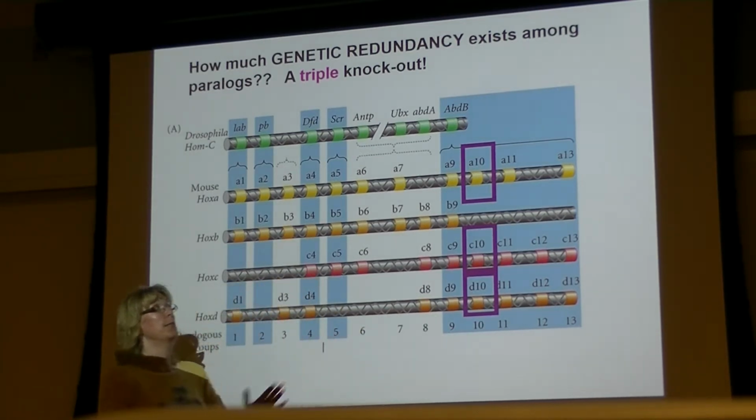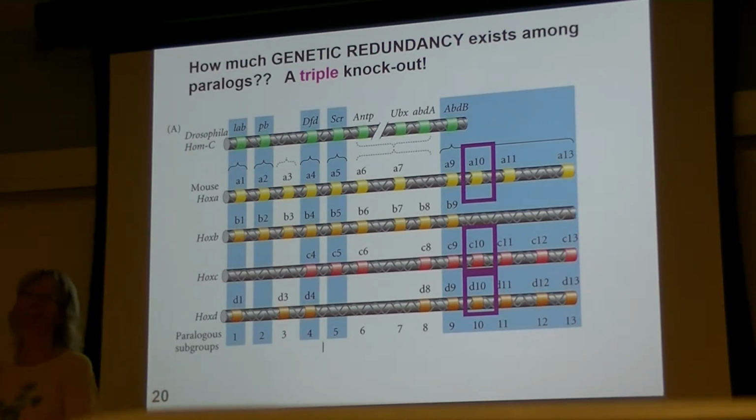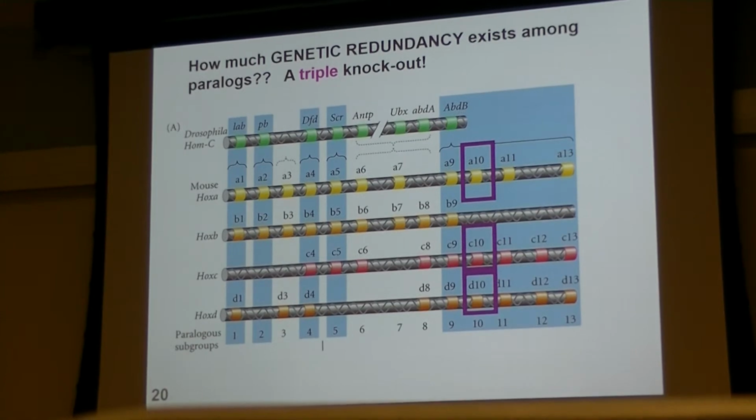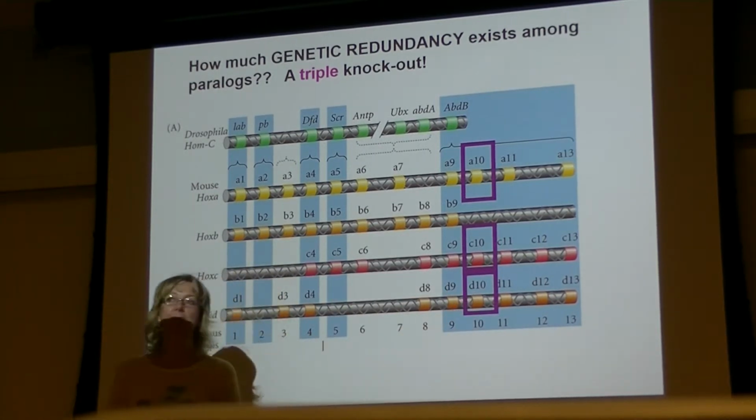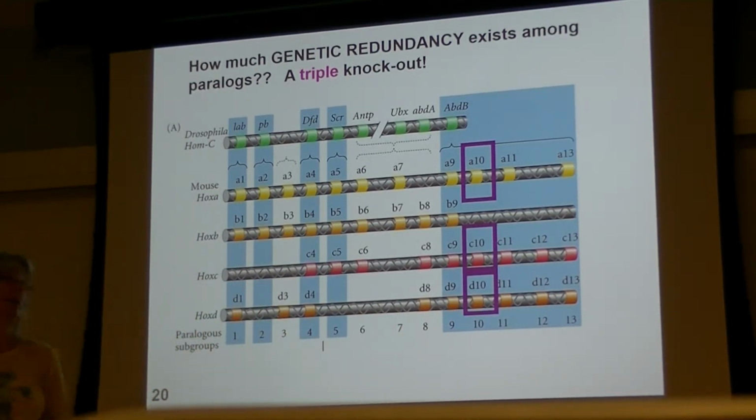So we're talking here about making a triple knockout, knocking out 6 genes, so 2 copies of 3 genes in the organism, and then studying what the phenotype might be. This gene here is relatively far down the length of the chromosome, and it is involved in patterning structures on the trunk and tail.